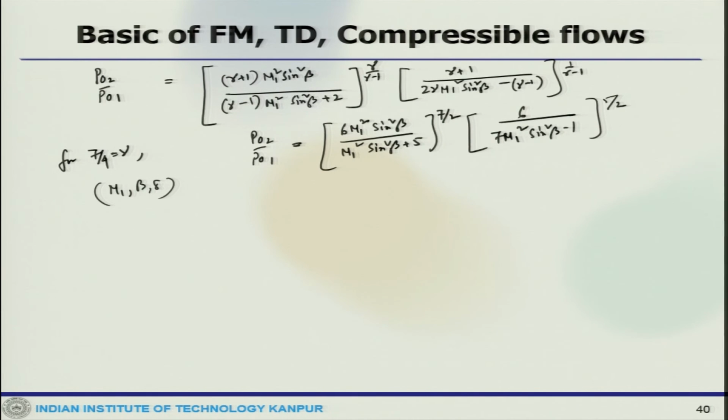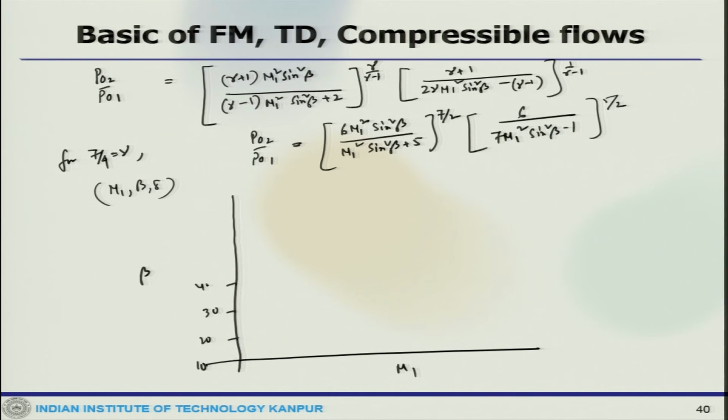For example, if I draw it qualitatively, this is M1 and this side is beta, which starts from 10, 20, 30, 40, 60, 70, 80 and so on, and this side 1, 1.5, 2, 2.5, 3, 3.5 like that.